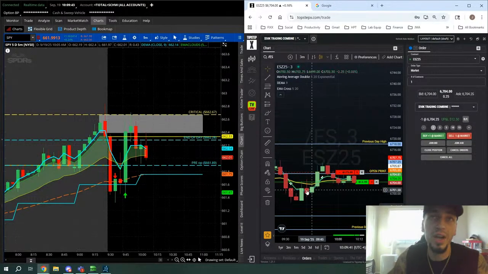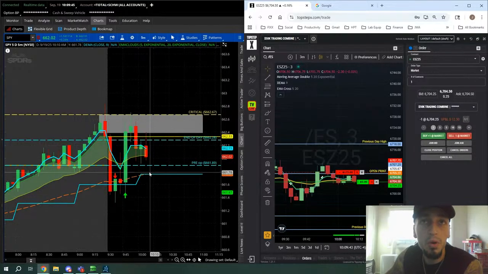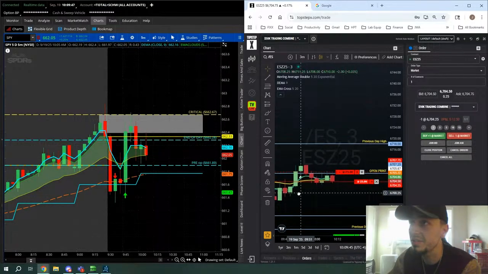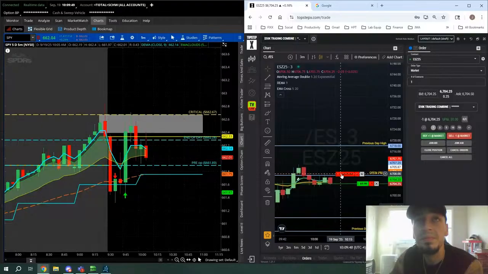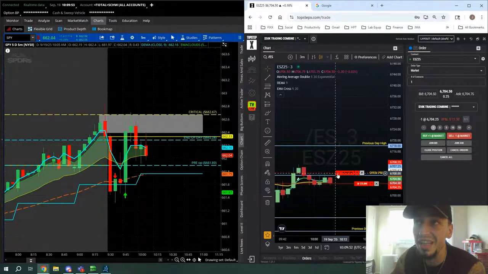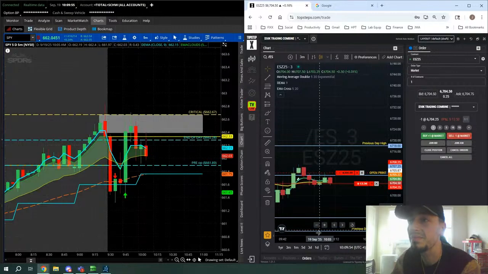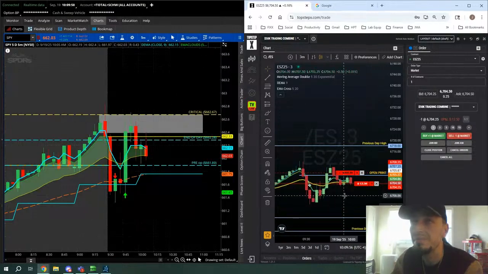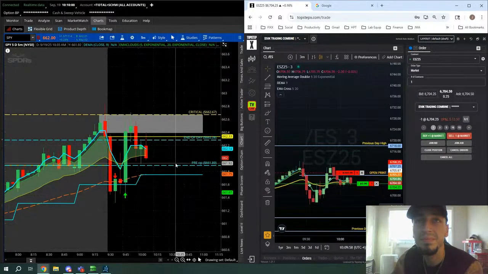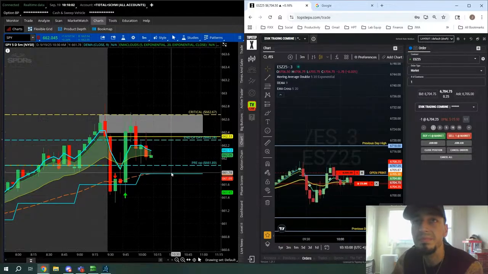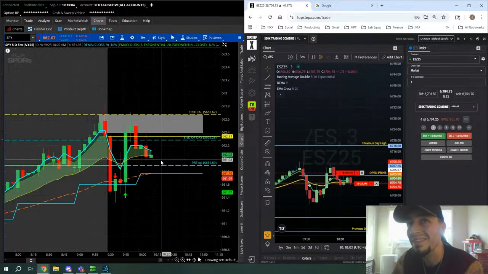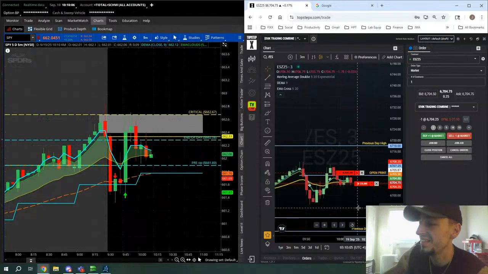First trade of the day. I'm looking for a move into the lows. I'm going to keep the stop just a little above that previous candle. Let's see, baby.